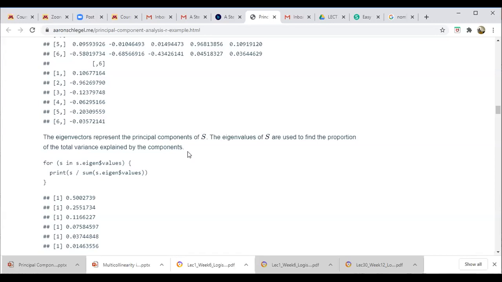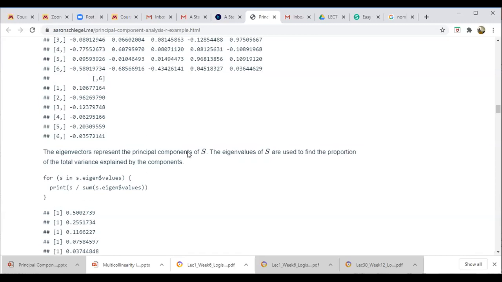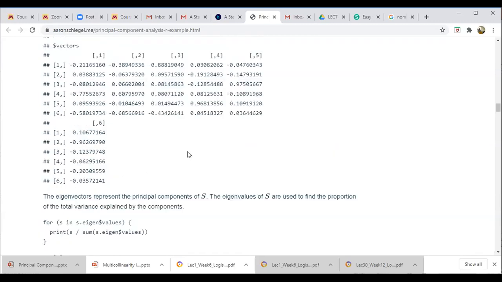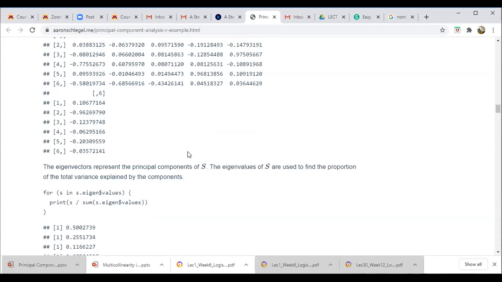So the eigenvectors and the eigenvalues perform different functions in principal component analysis. The eigenvalues of the variance covariance matrix can be used to find the proportion of the total variance explained by the component.